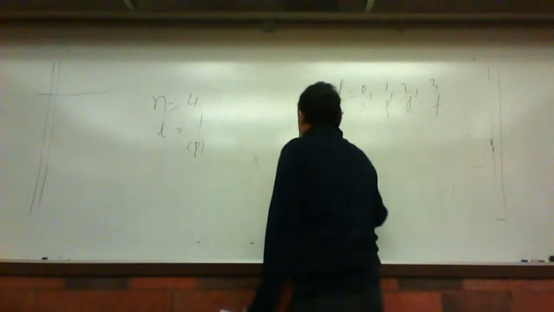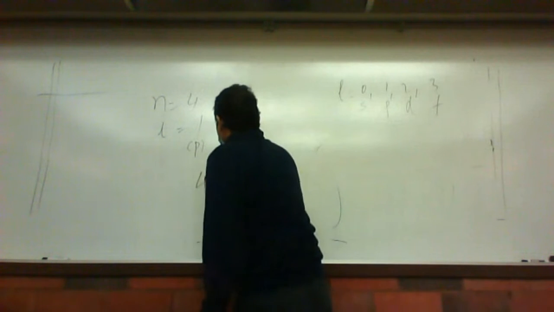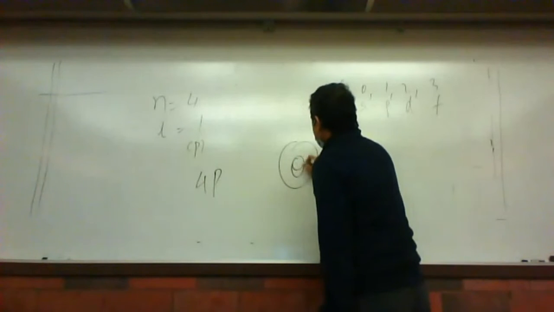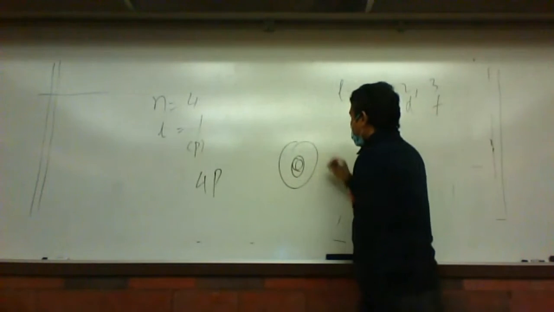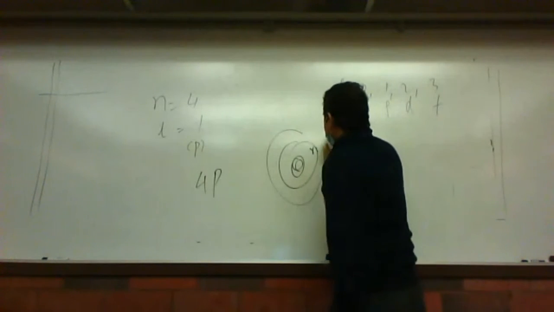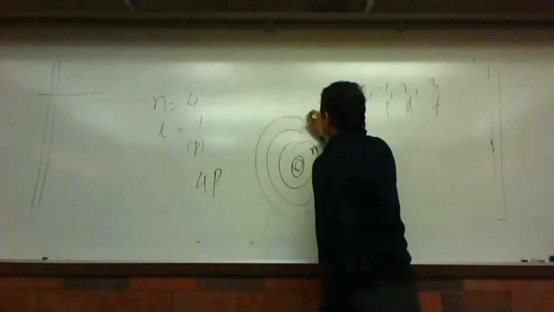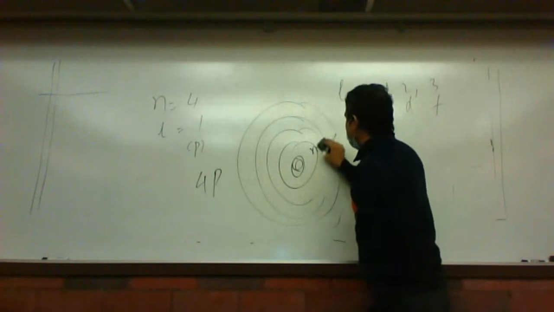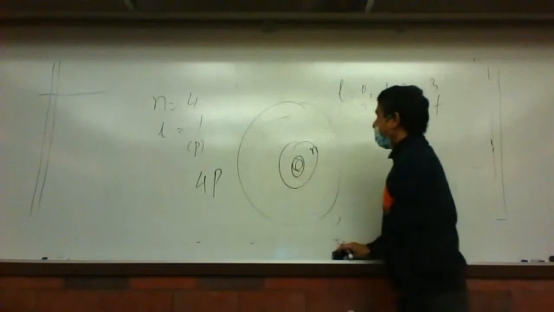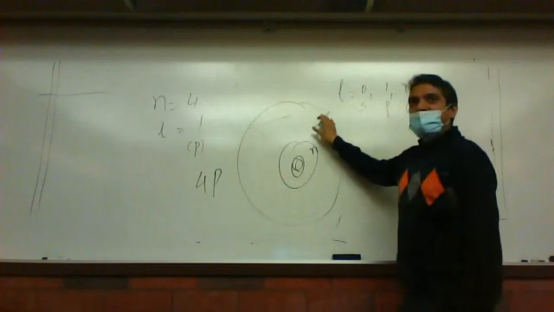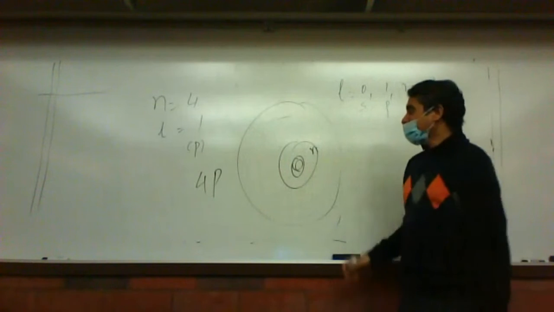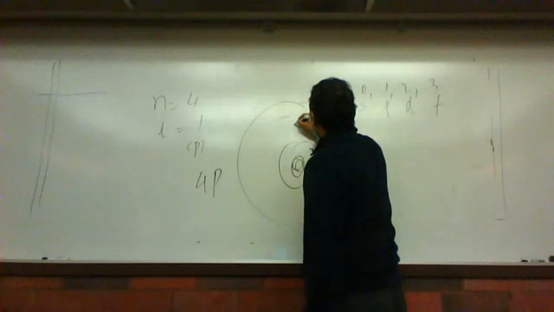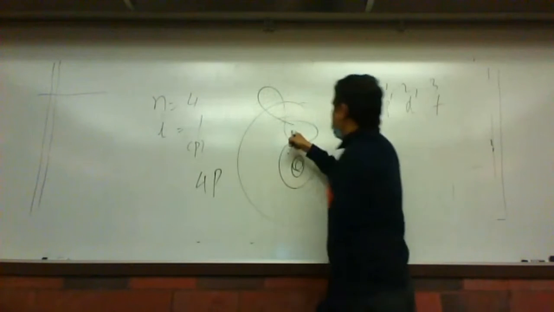What does 4p mean? 4p means I'm talking about the electron not in the first orbit, not in the second orbit, not in the third orbit, but only the electron in the 4th orbit. Where is that electron? Maybe there is some dumbbell space like this.